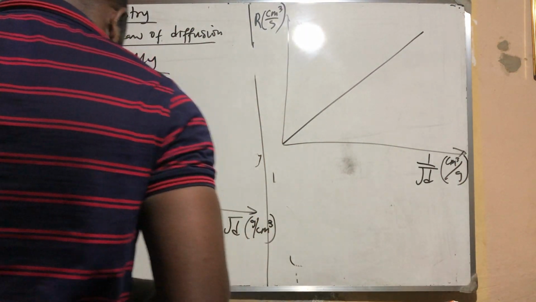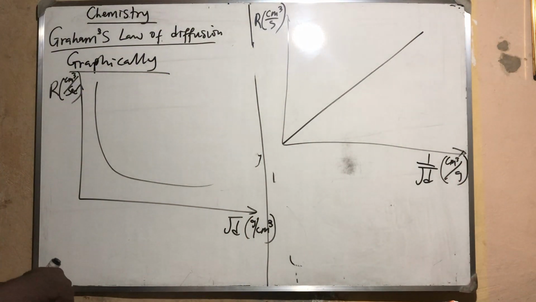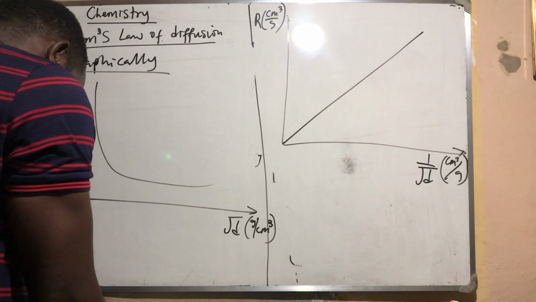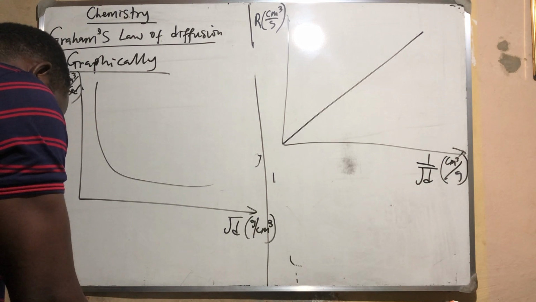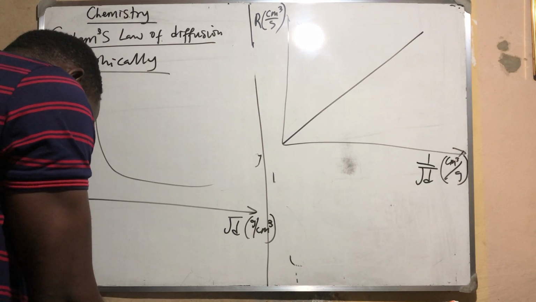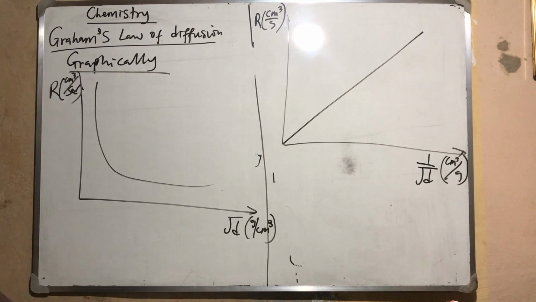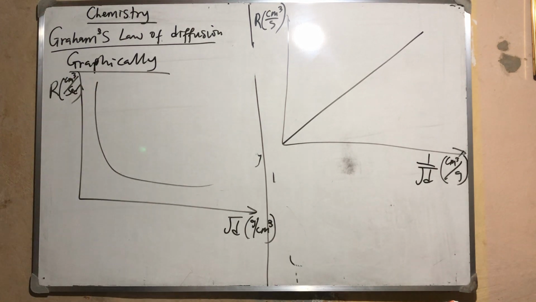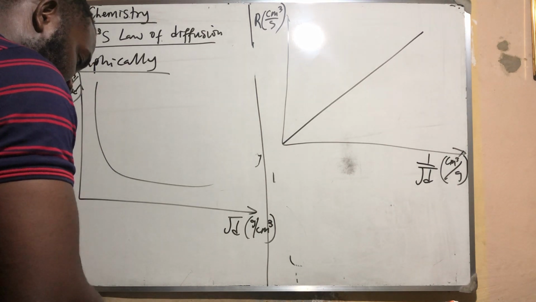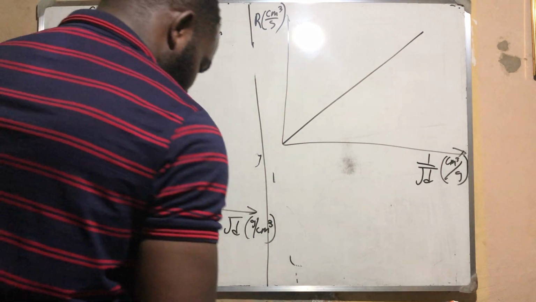So the above graph shows that the rate of diffusion increases as the reciprocal of the square root of d increases as well. But if you are plotting it against this, as the other one is increasing, the other one is equally decreasing. So let us solve some calculations to illustrate that, then we are good to go.